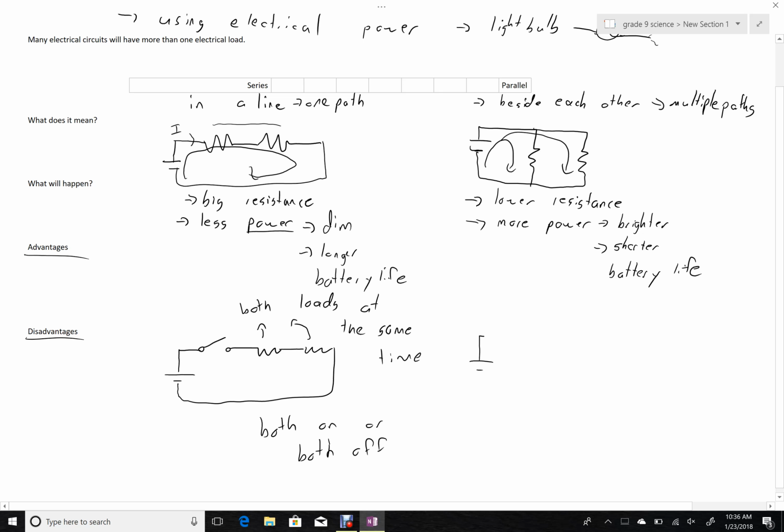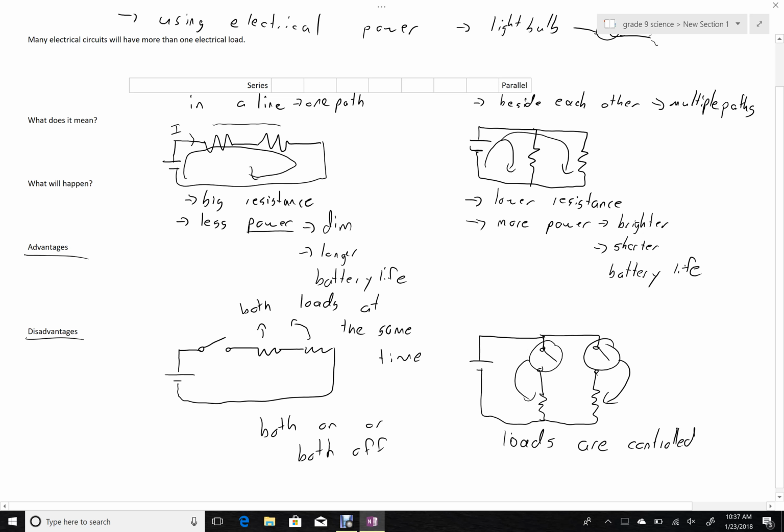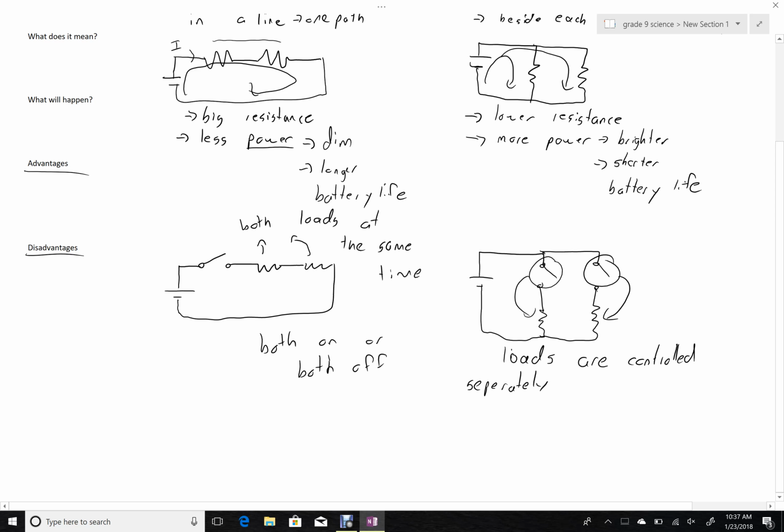Alternatively, with a parallel circuit, if you put your switch in at different locations, you have the ability to control each light bulb separately. This switch would control this light bulb. This switch would control this light bulb. So the loads are controlled separately, which means you can have one on at a time.